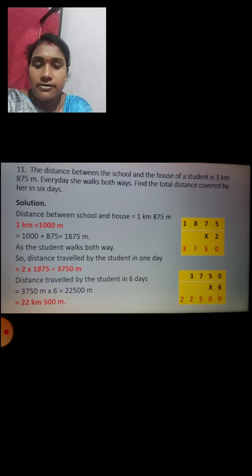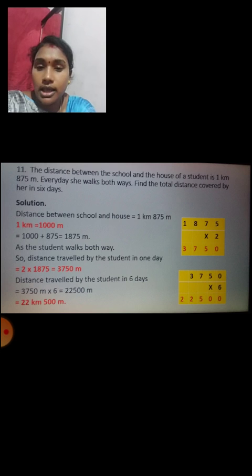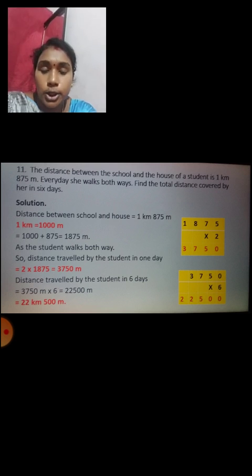It is very easy to convert kilometers into meters. So we convert this 1 kilometer into 1000 meters. When you add 1000 meters plus 875 meters, you get 1875 meters. As the student walks both ways, that is twice in a day, that is multiplied by 2.